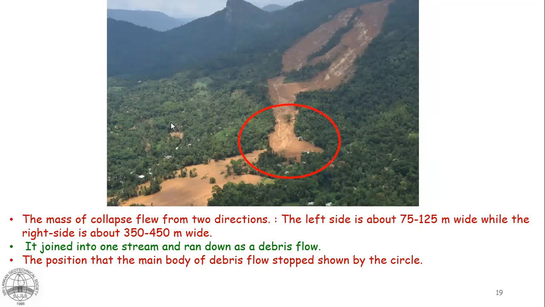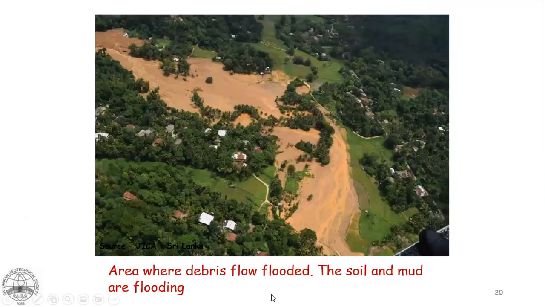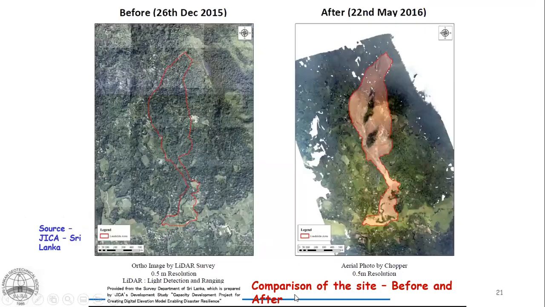With these observed runout areas, we are trying different available models, right? How to back calculate that and how to do a better prediction for future landslides. So these are some further pictures of that landslide. This is the terrain before the occurrence of the slide, and this is how it looked after the tragic event.